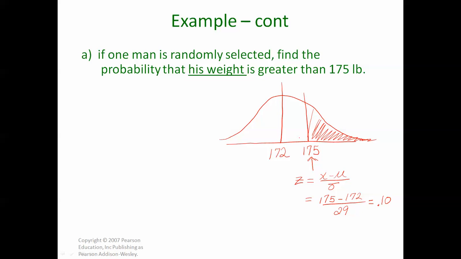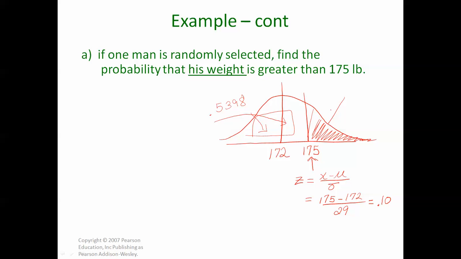When you look that value up in your normal distribution table, you find that the area that correlates to 0.10 is 0.5398. 0.5398 is not the value that we need, because that value corresponds to this area right here in our z-score table, or in our normal distribution.